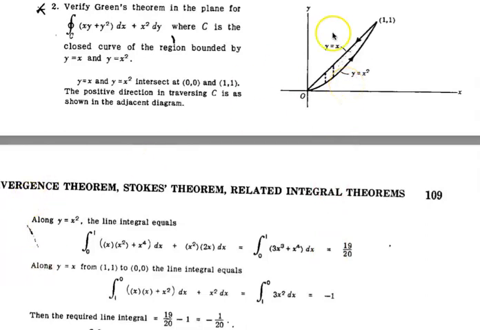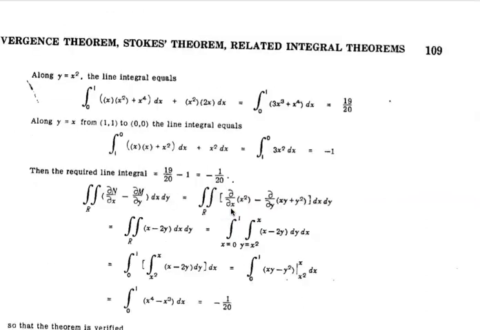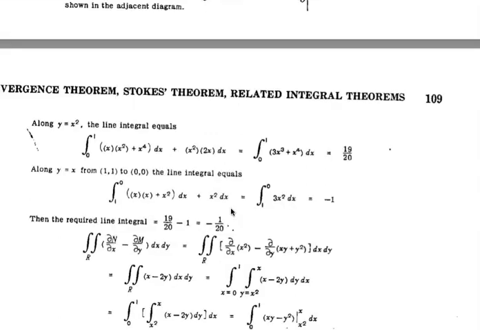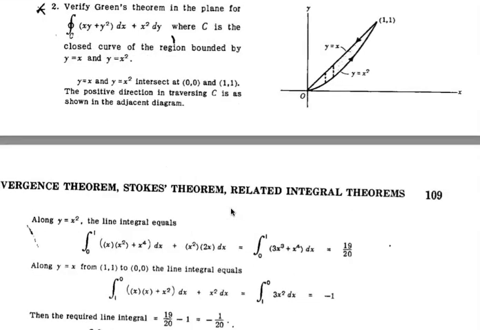The second part now is to integrate from 1, 1 back down along here. And let's see, which way does he choose to do that? He's going to still just integrate along the x-axis.